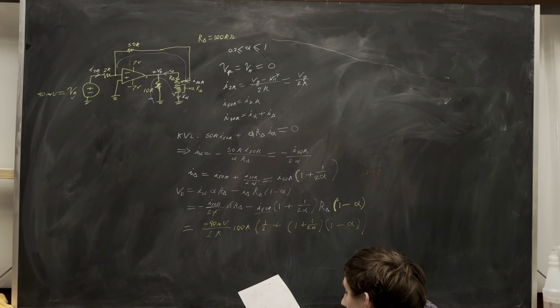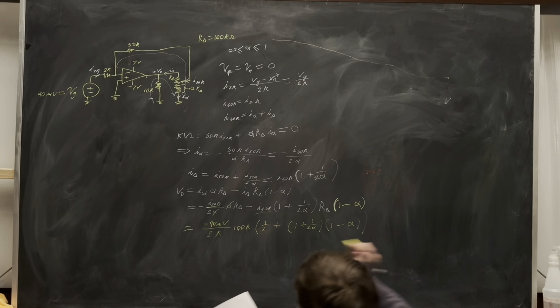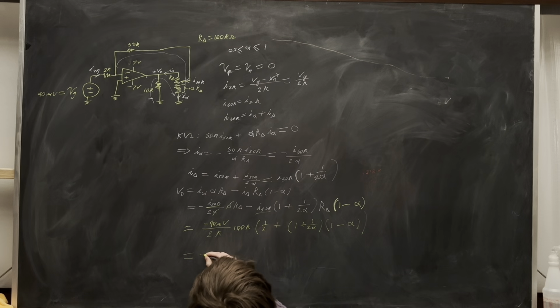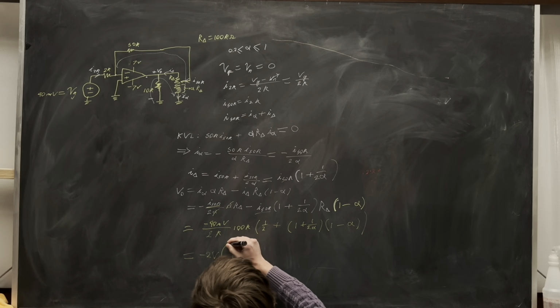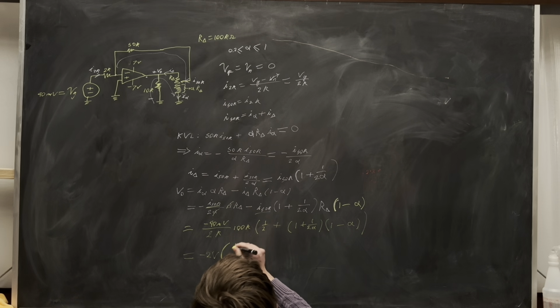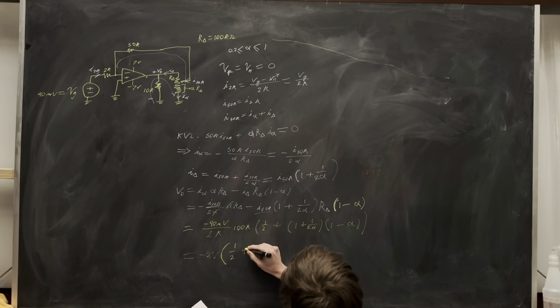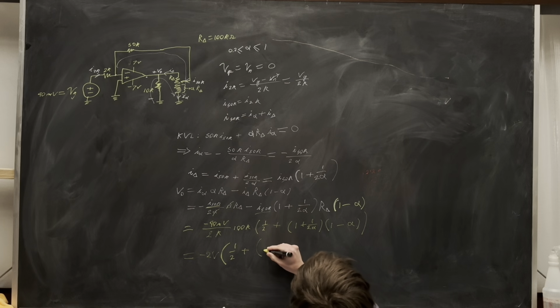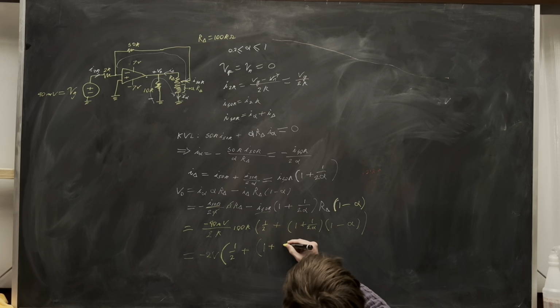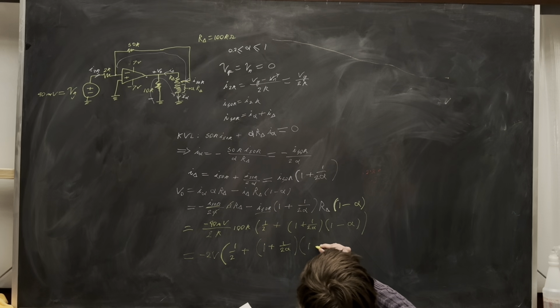And then you can just simplify this. So minus 2 volts times what we've already written: 1/2 plus 1 plus 1 over 2 alpha times 1 minus alpha.